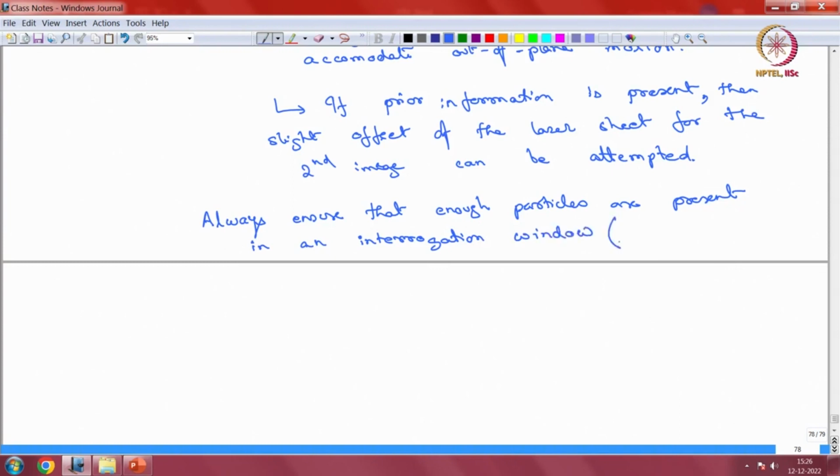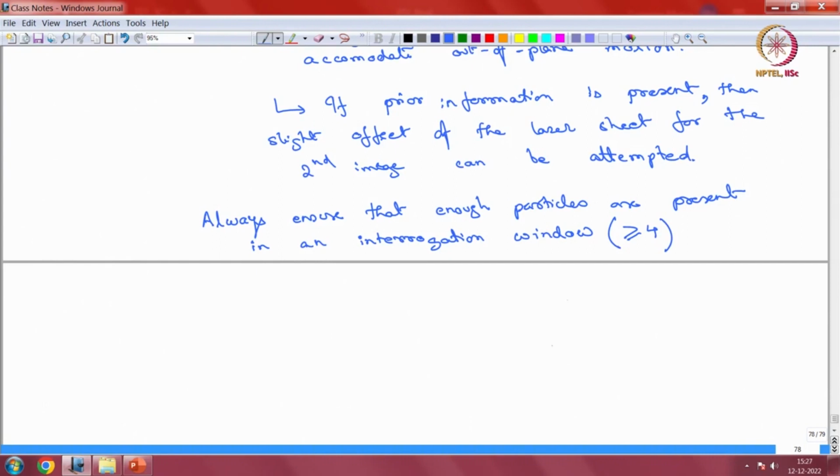Enough particles usually means greater than or equal to 4, as a rule of thumb 4, 5, the more the better, but it should not go below 4 or 5, then it does become a problem.